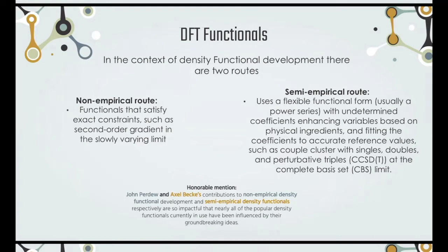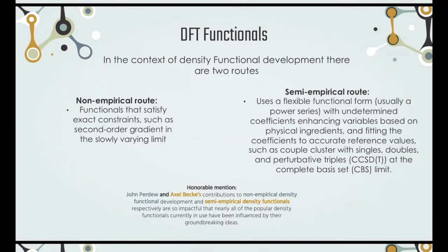So there are two routes that the DFT functionals can take, which are the non-empirical route and the semi-empirical route. First I want to talk about the semi-empirical route, which uses a flexible functional form that's typically a power series with undetermined coefficients that enhance the variables based on physical ingredients, and fitting the coefficients to accurate reference values.